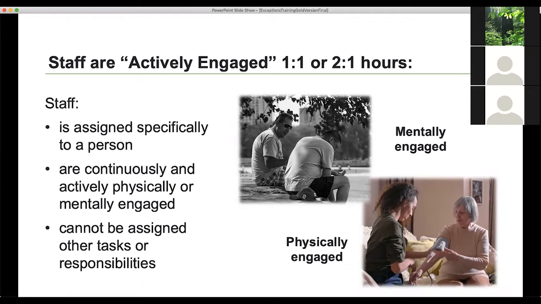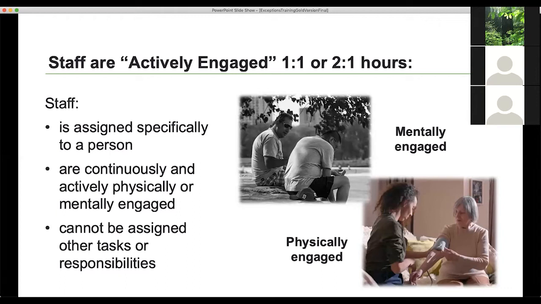Or mentally engaged. That's that hypervigilance where I am so mentally in tune to watch for cues and watch for potential stimulus that might trigger a behavior or a danger to this individual. And I'm actively ready to jump in and respond. And these needs for support are so acute, I can't really be responsible to do other things.